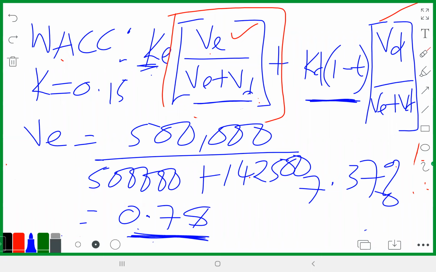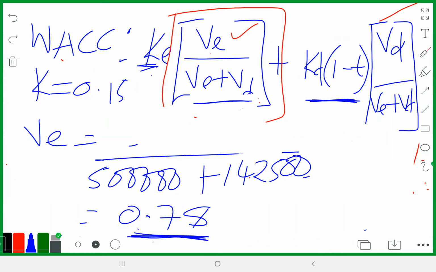Let's find the weight of debt. The weight of debt will be almost the same as the one that we have just found. Just change here on top, we put the debt. The value of debt, you say this 142,500. The denominator does not change. What do you get?